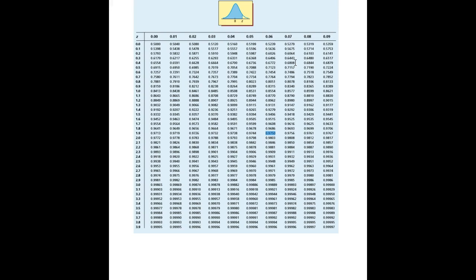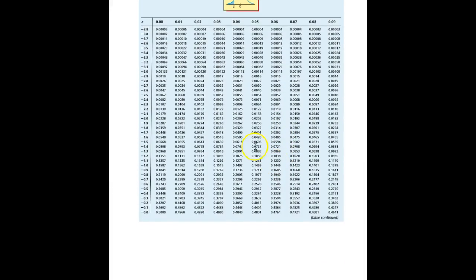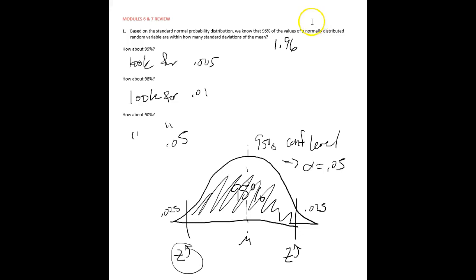We're going to work on the negative side. So we're looking for 0.005, passed it at 0.062, looking for 0.005, passed it, perfect. Negative 2.58. And I think we just used that in a recent problem.